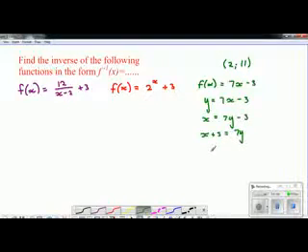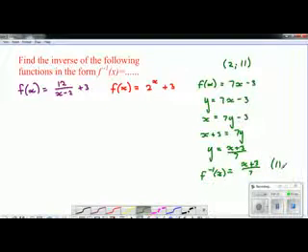Or 7y is x plus 3. So y is in fact x plus 3 divided by 7, right? Or f inverse of x is x plus 3 over 7. And I think we can quickly check that if we put 11 in as our input here, 11 plus 3 is 14 over 7 is 2. We've found the inverse.